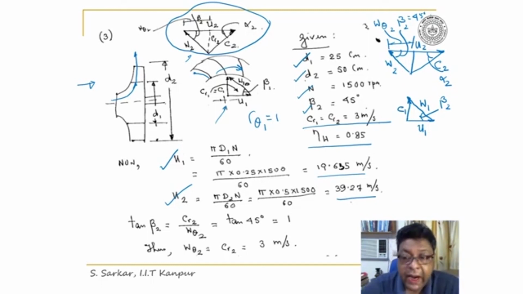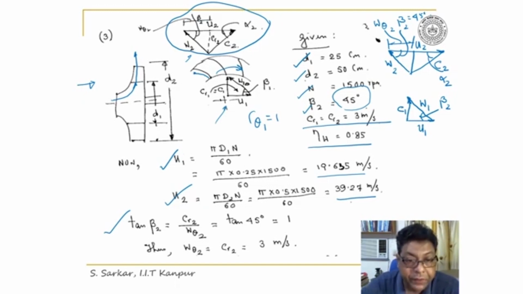Now, at exit, the value of beta 2 is given as 45 degree, right? So I can write from the exit velocity triangle, tan beta 2 is equal to CR2 divided by W theta 2.